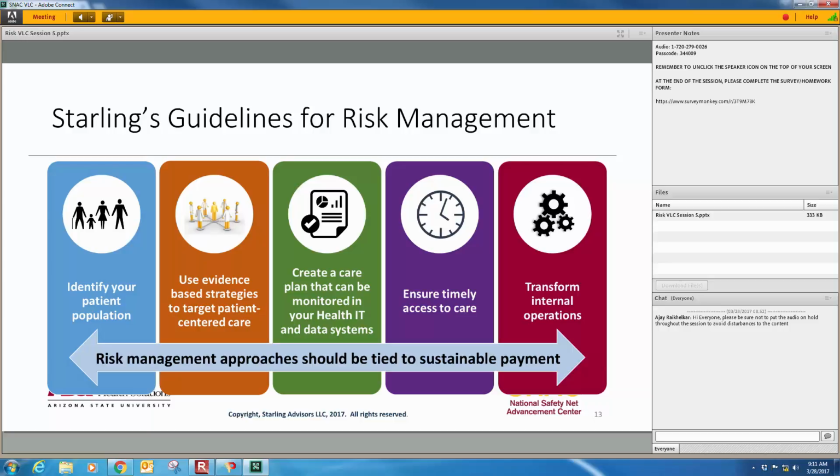The third focuses on building a care plan that can be monitored within your existing health IT and data systems. That's important because you need to be able to use the data that you have at your disposal to help support that. Sometimes that means building the data infrastructure out more. But regardless of whether or not you have a perfect data system, it's critical that the care planning is informed by data and lives within the data systems and the electronic medical record systems that you have.